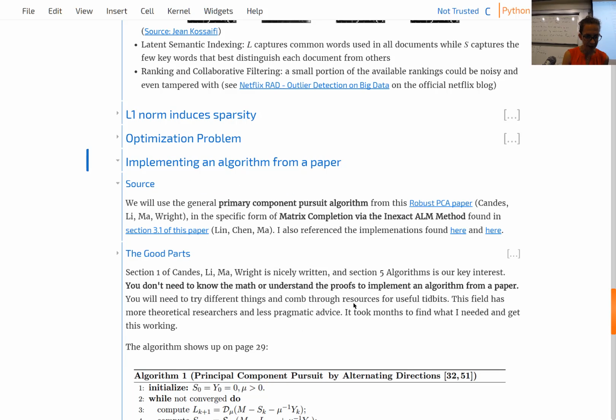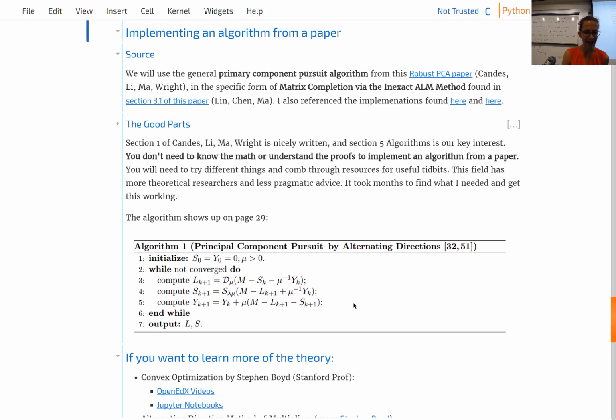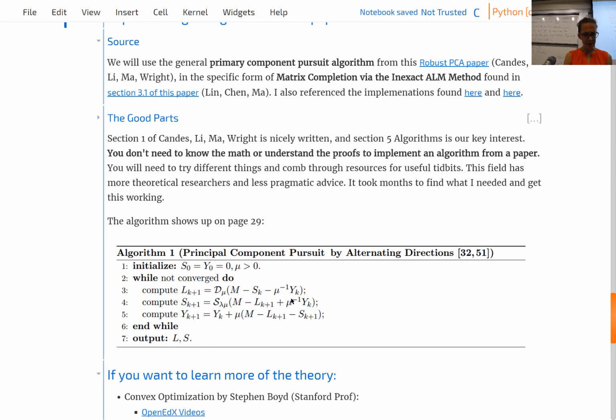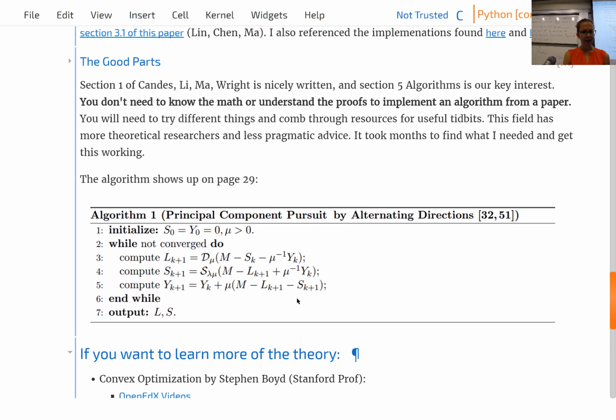And actually, let me just show this high level of the algorithm. For our low rank approximation, here they called this curly D, singular value thresholding.